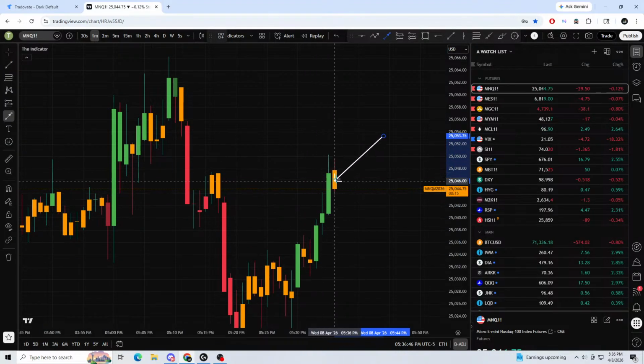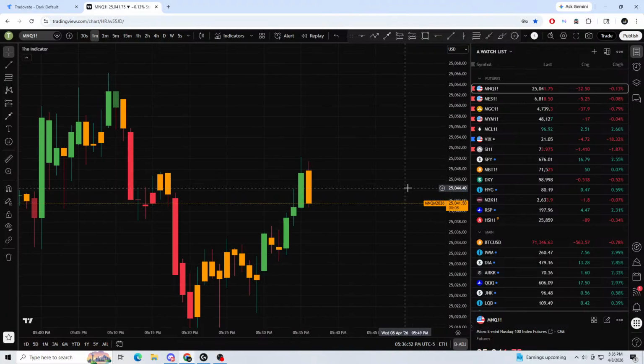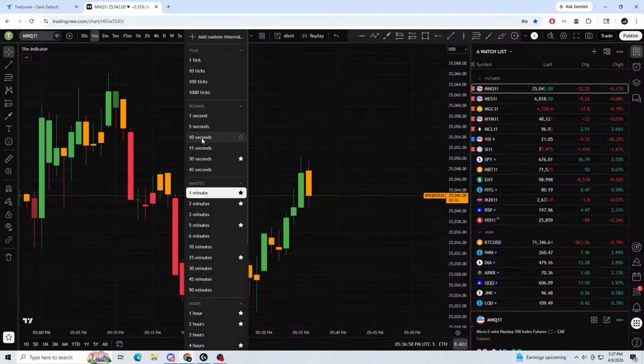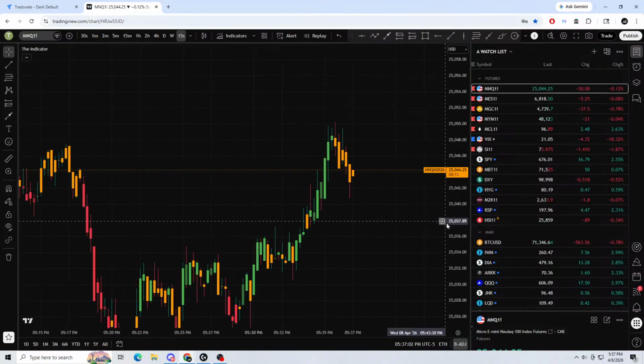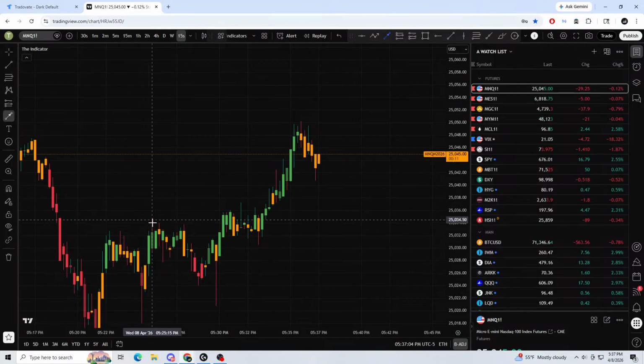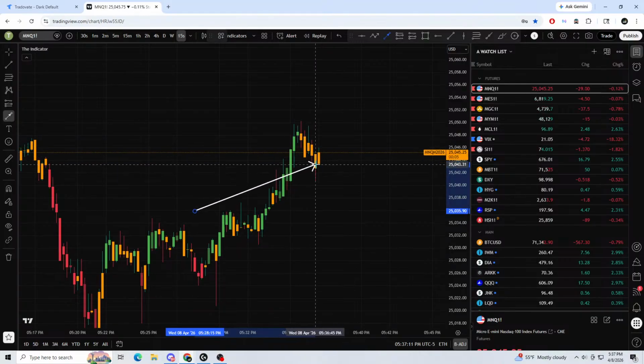We had momentum and now we don't have momentum, so there is no reason for us to stay long because of this candle. And if we zoom in here on the 15-second chart, we can see what we're seeing on the 1-minute chart is bullish, bullish, bullish, and now we're not bullish anymore, at least for the time being.